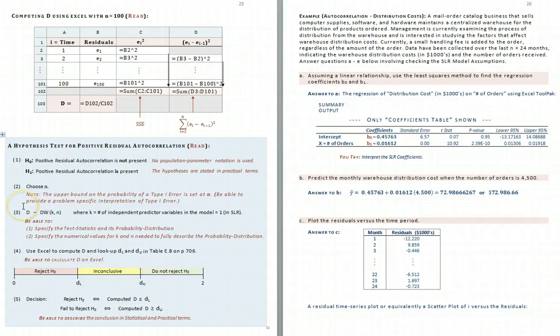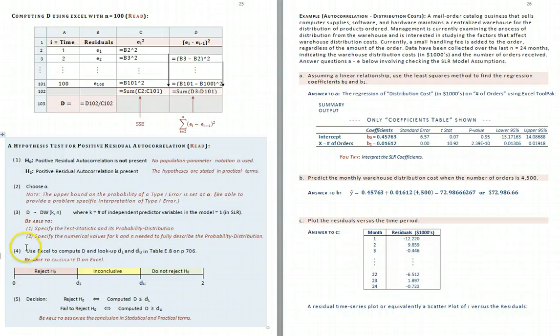The third step is to state the test statistic and its probability distribution. For the Durbin-Watson statistic, there are no additional model assumptions. The test statistic is D, the Durbin-Watson statistic, and D follows the Durbin-Watson distribution with parameters K and n. In simple linear regression, K is always 1.